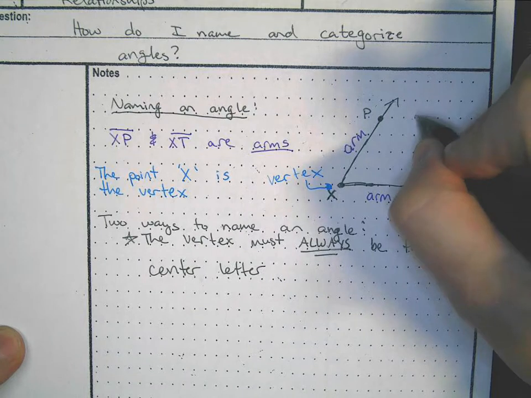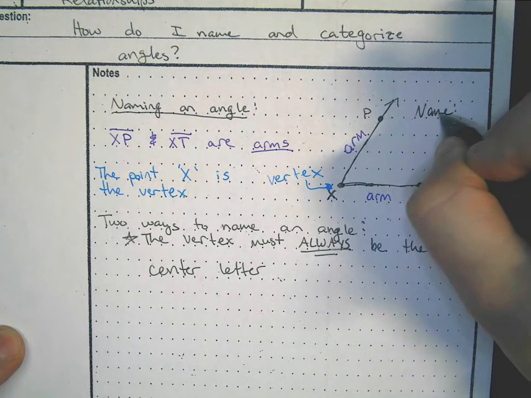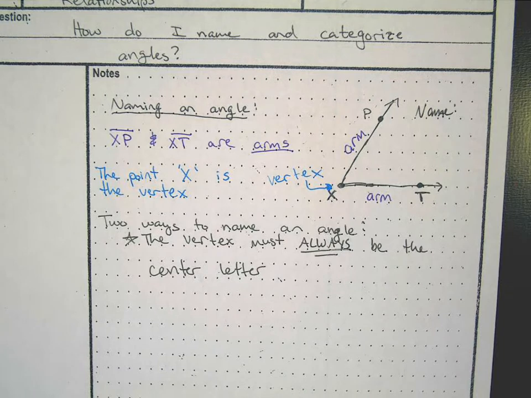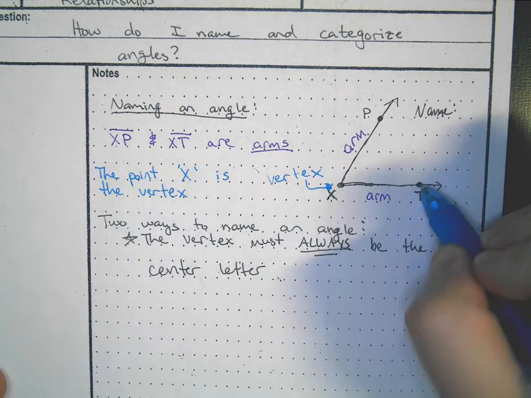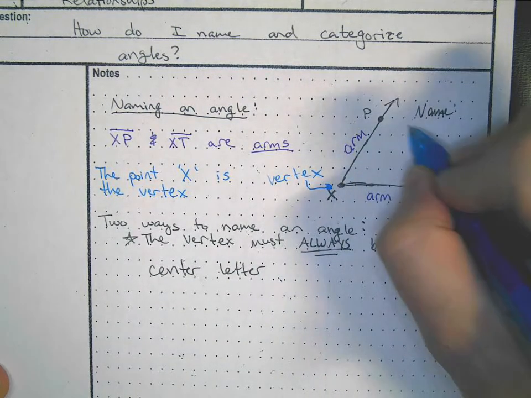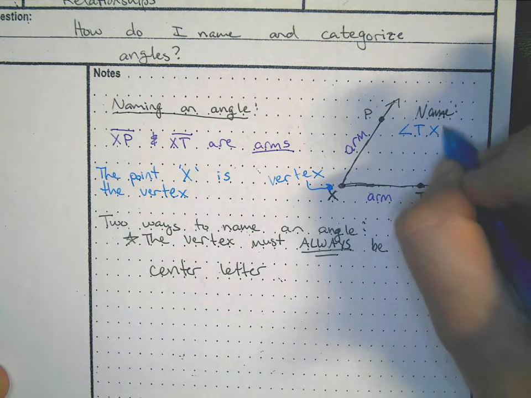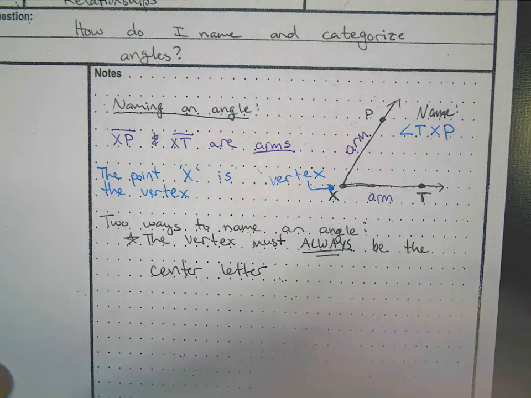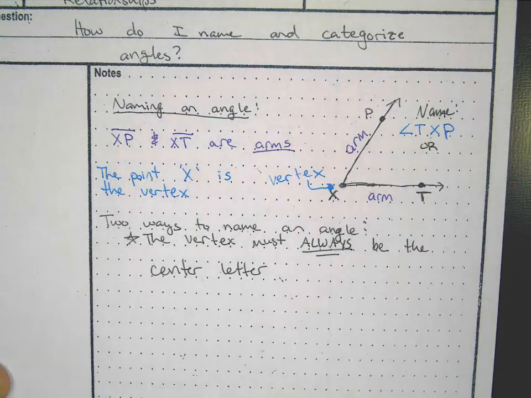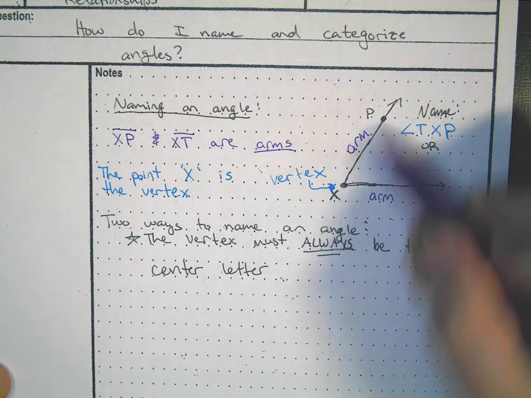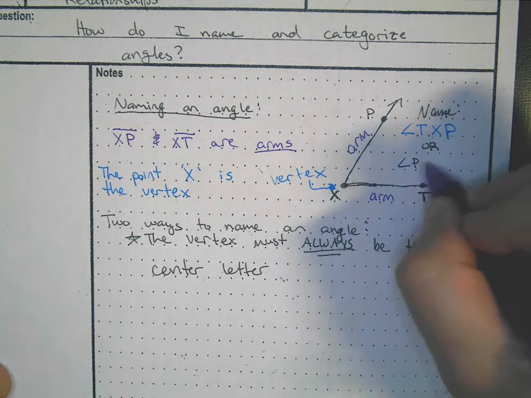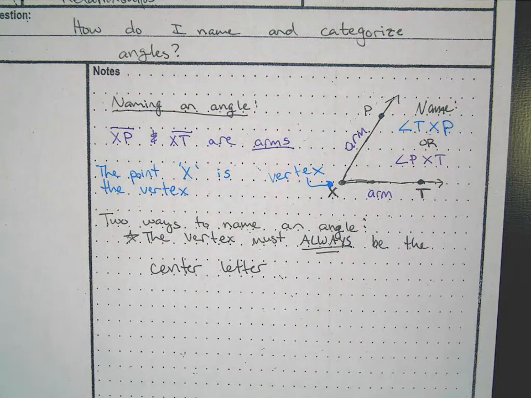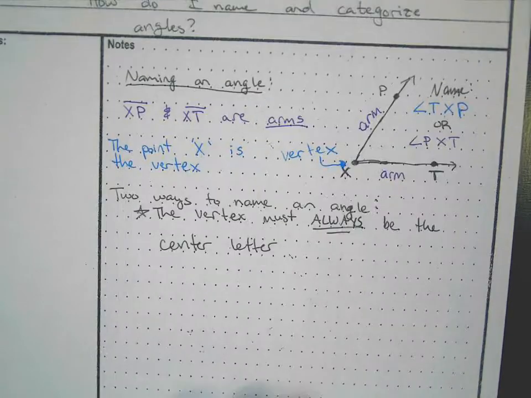I could have angle TXP. The vertex is in the middle. Or we could name it angle PXT. Both are correct. Okay, so that's how we name an angle. It's always going to be that letter that is in the middle.